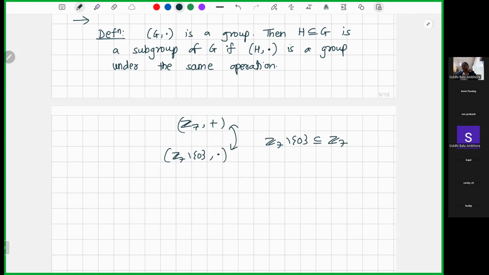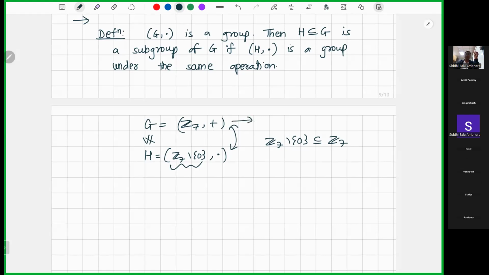This H is itself a group, but it is definitely not a subgroup of my original group G under addition. Please understand this. Here the identity of the group is 0, and here the identity is 1.